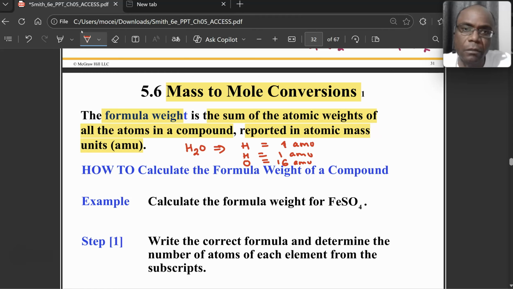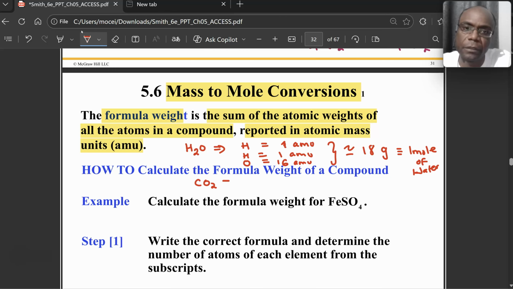Now if we add all these, it will give us approximately 18 grams, the mass of the water. Now that 18 grams is what we are going to call 1 mole of water. That's the relationship.